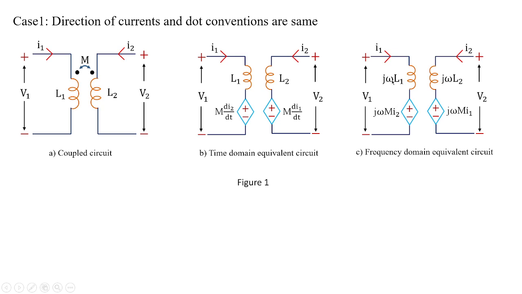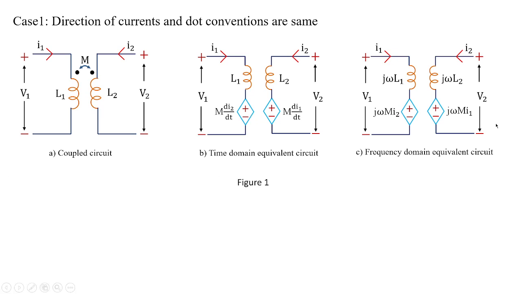So j omega L1 is the self inductance, and j omega M I2 gives the voltage value, framed with the help of mutual inductance in coil 1 due to the flow of current in coil 2.